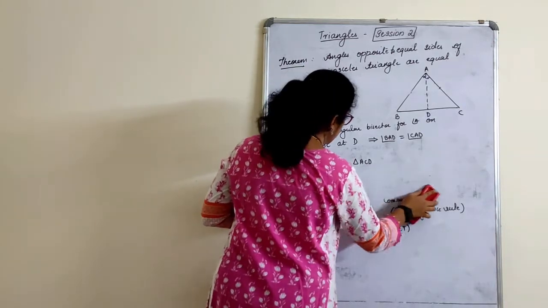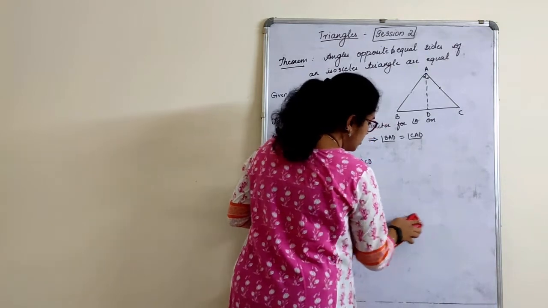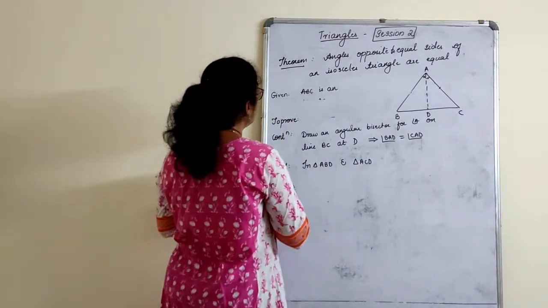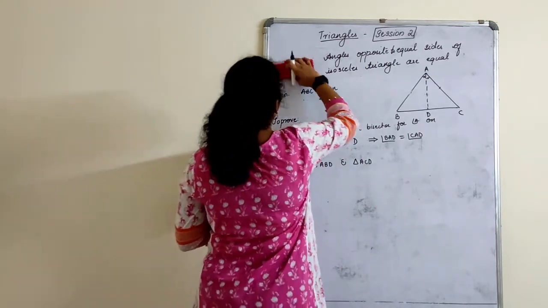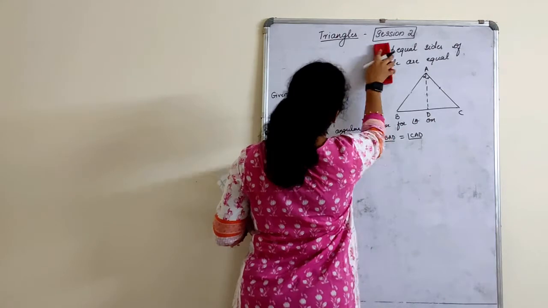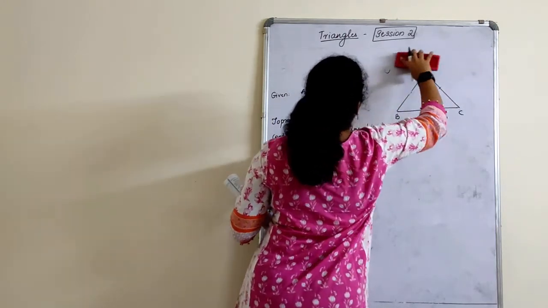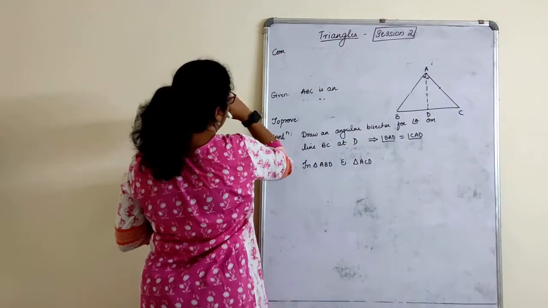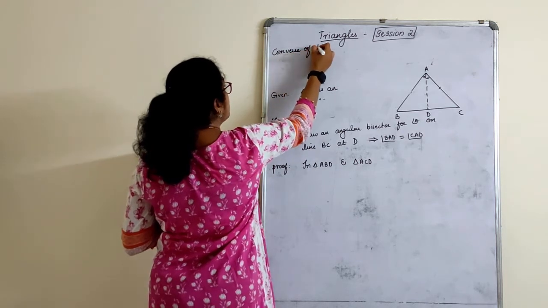Let us see how to prove the converse. In your textbook the converse is not given, but the converse can be asked as one of the numerical writers actually. So the theorem when we have written, we make this the converse of theorem.